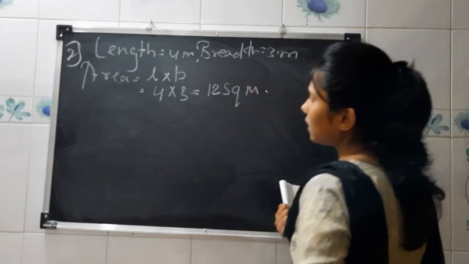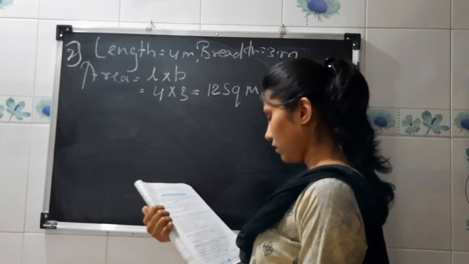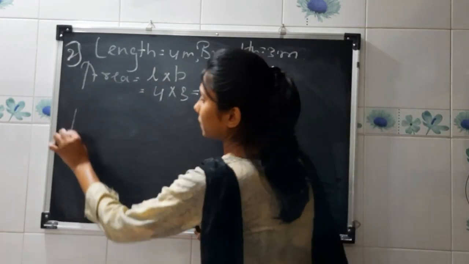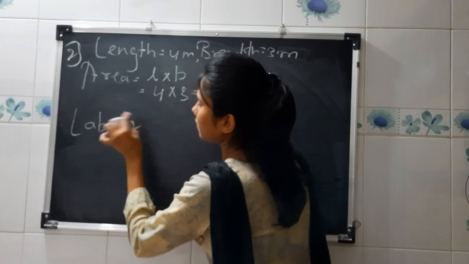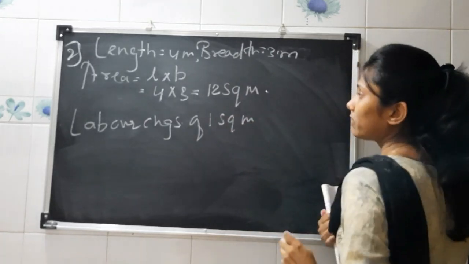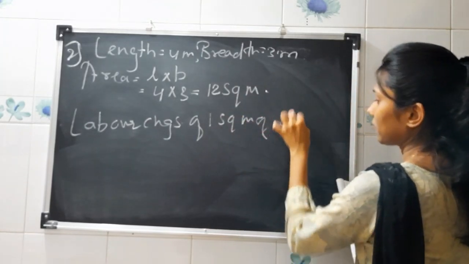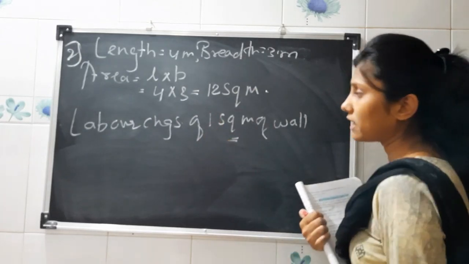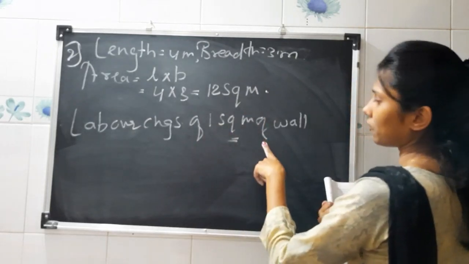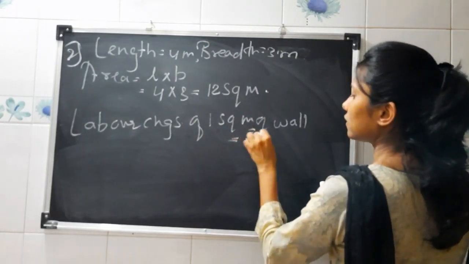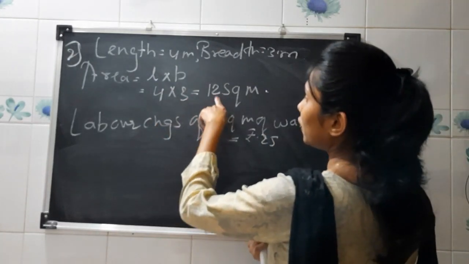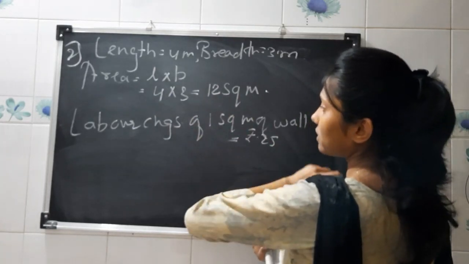Okay, understood? Now what they have given: labor charges are 25 per square meter, means the cost of labor charges of 1 square meter of the wall is rupees 25. So we have to find out the total cost of the wall of 12 square meters.